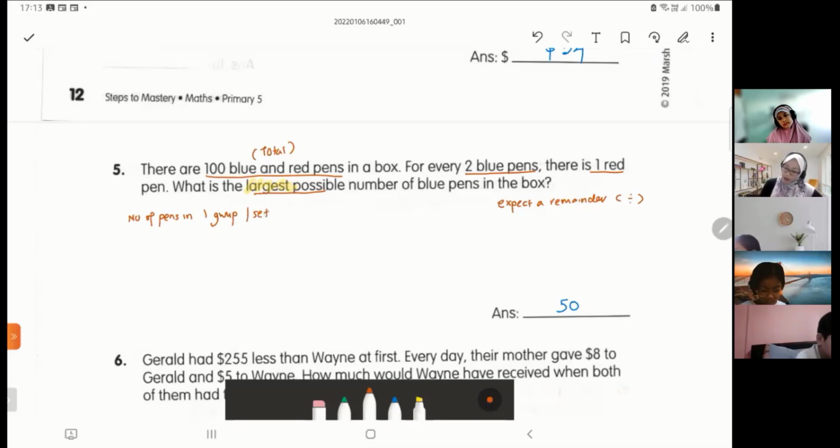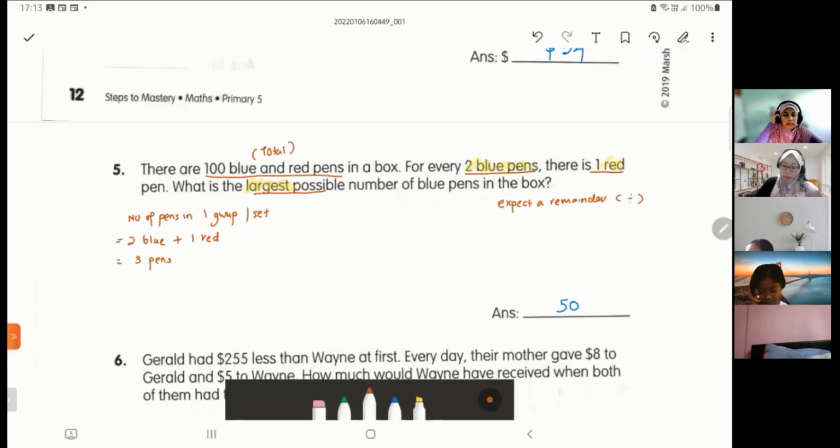So in one group or one set is this one, 2 blue pens, 1 red pen. So what is the number of pens in one set? 2 plus 1, right? 2 blue plus 1 red equals 3 pens in total. This is in one group, I have this.